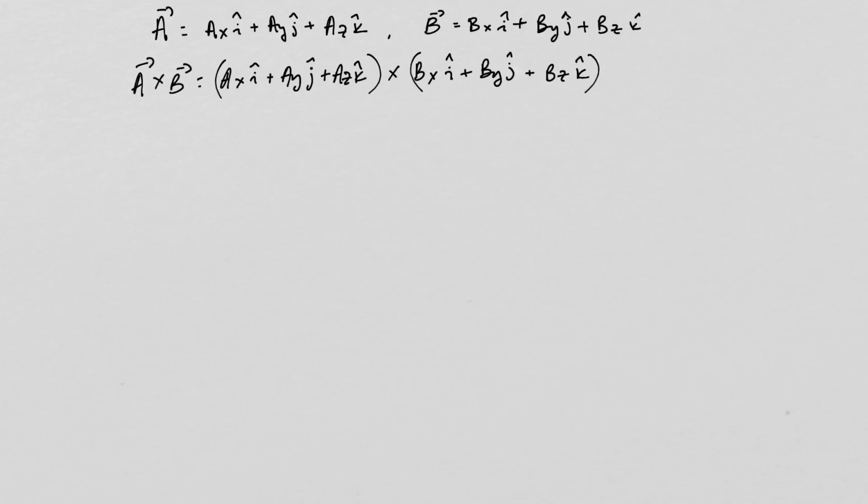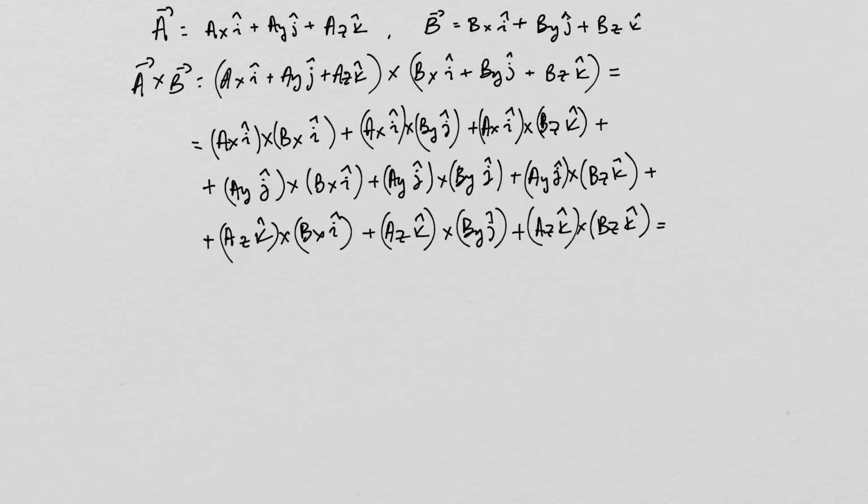What I'm going to do is multiply each term of A by each term of B with a cross product. So what I get here is the sum of 9 terms. And now I'm going to group or rearrange the terms in each cross product by bringing out the components in front of the cross product, and only leaving the cross product between the unit vectors in each of those terms.